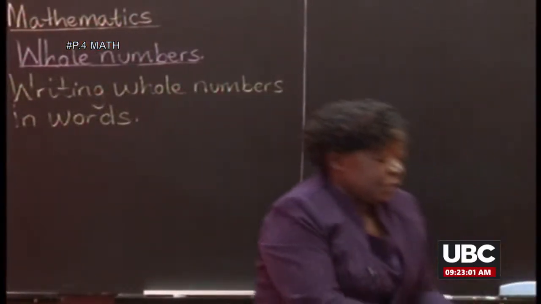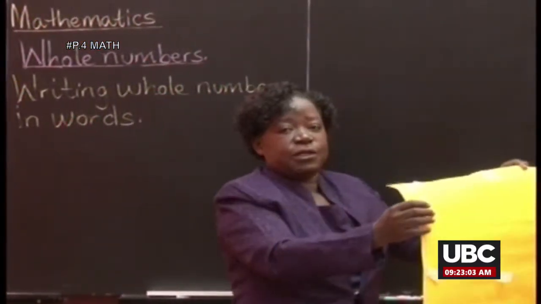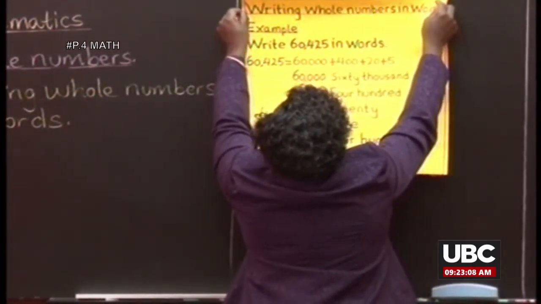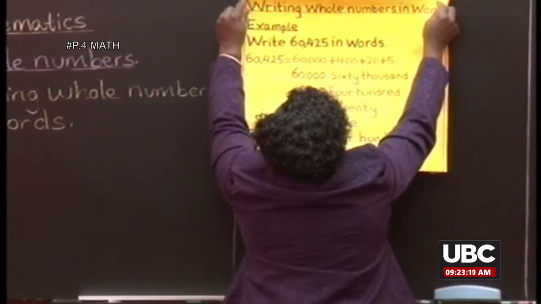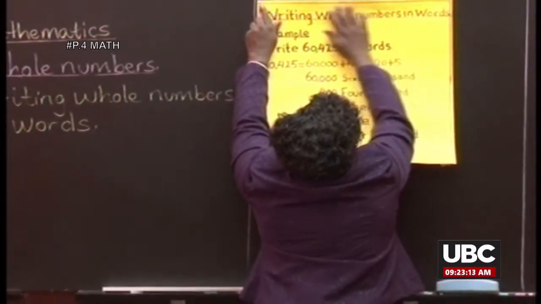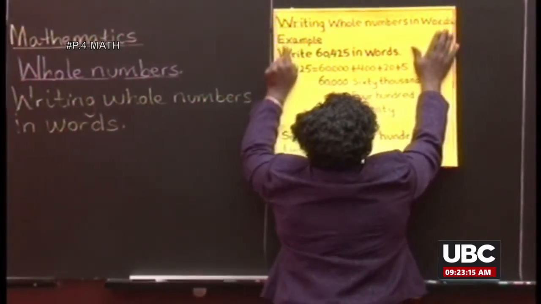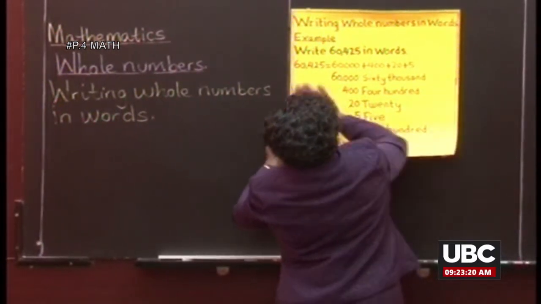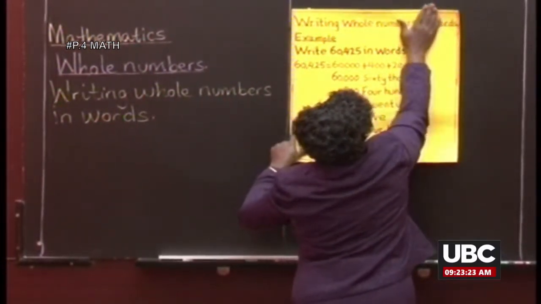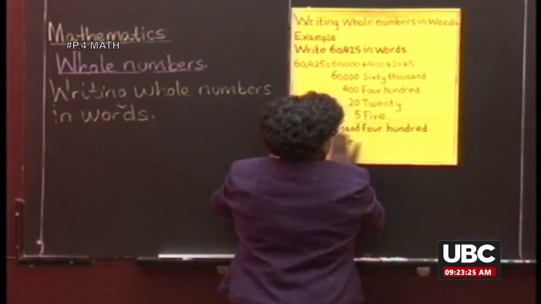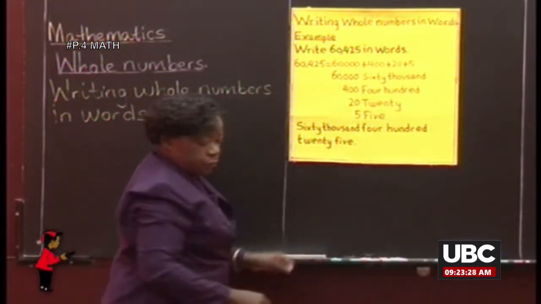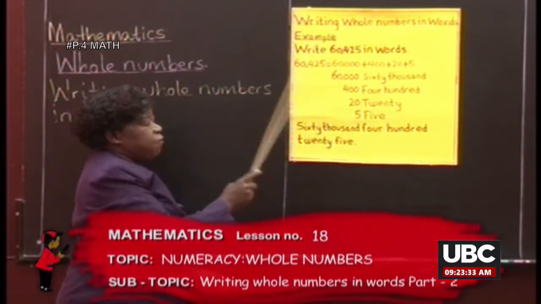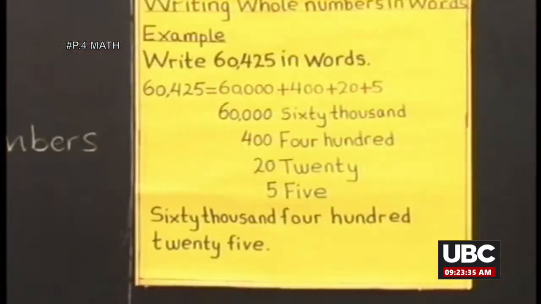If we can look at our example again about how to write whole numbers in words. It says, write 60,425 in words.